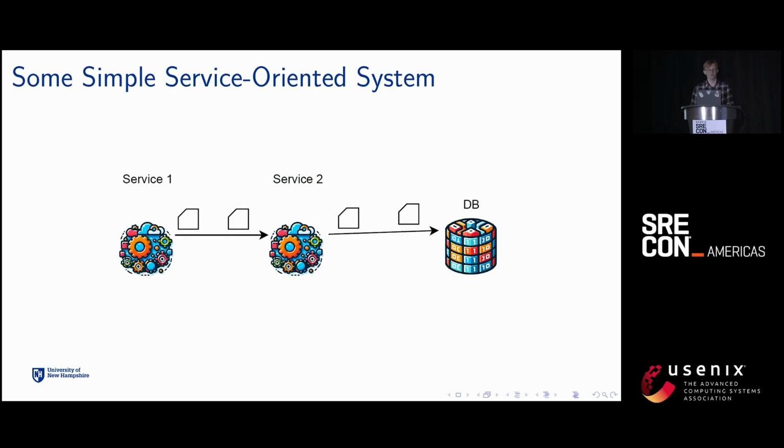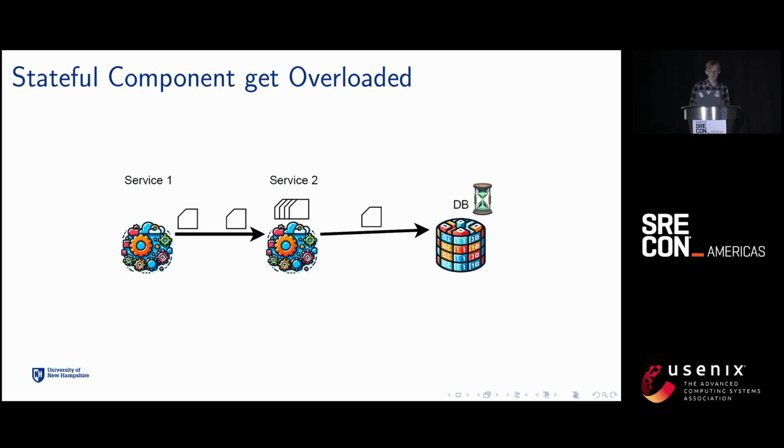So I'm going to give a very high-level hypothetical example, right? Maybe we have service 1, service 2, and a database, and requests go from one to another. And if we start to overload the database, right? The database starts to get overloaded and take more time to respond. More things are going to start to queue up at the service right in front of the database, the service that calls the database.